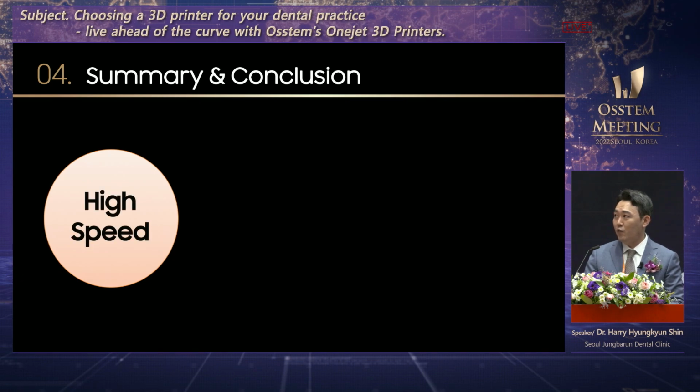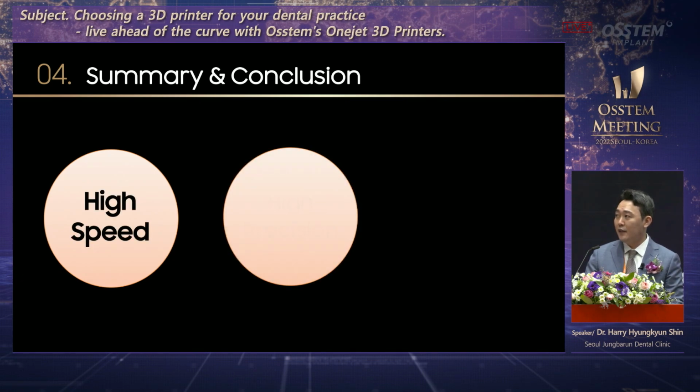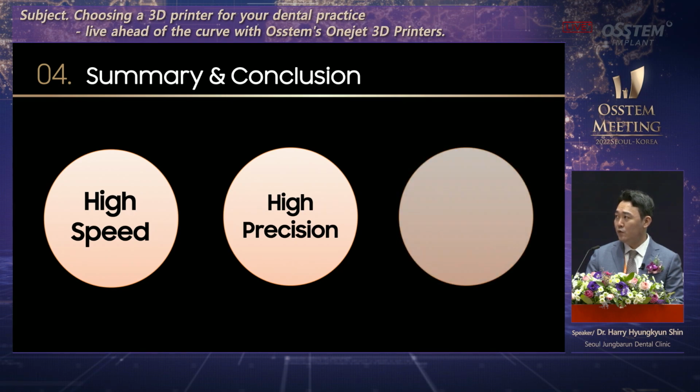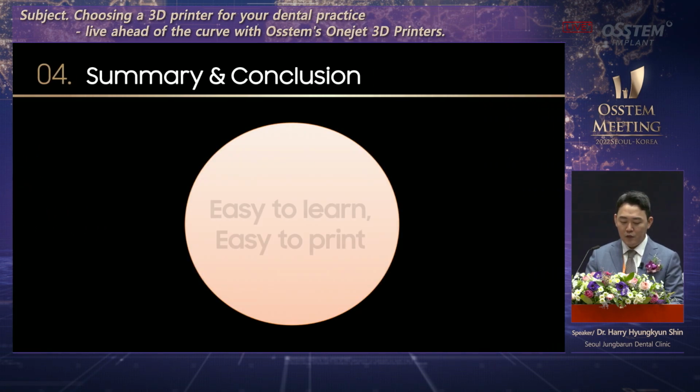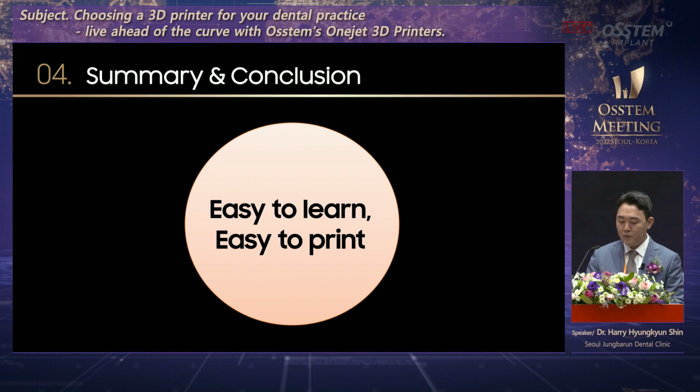As I said before, the Osstem One-Jet printer prints very fast, precisely, and the maintenance cost is very low. And the Osstem Implant homegrown slicing program is easy to learn, easy to print, and staff training is very easy.